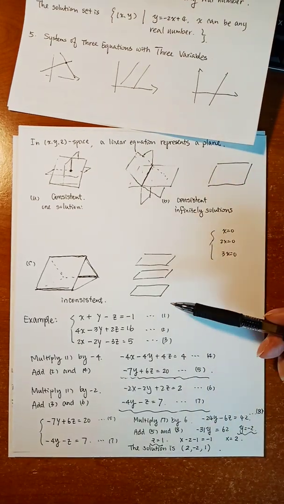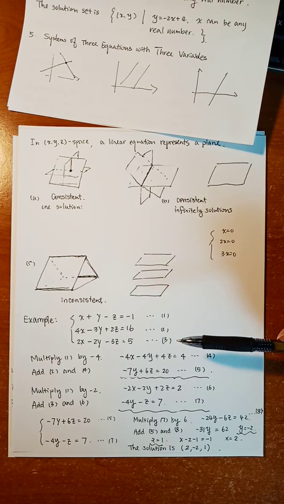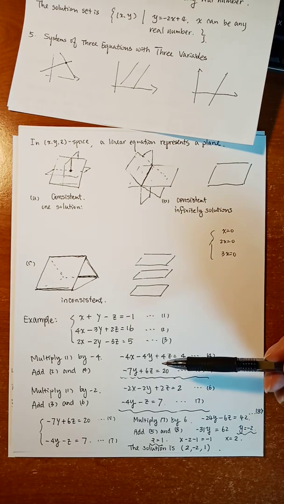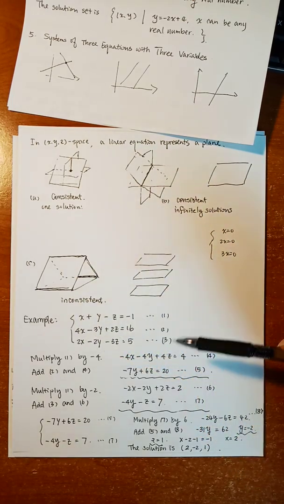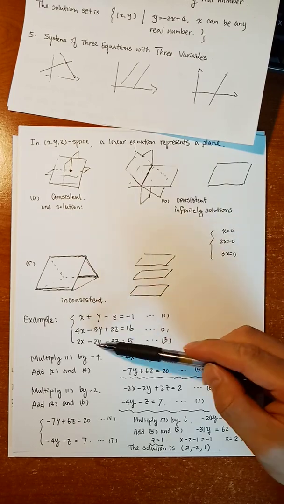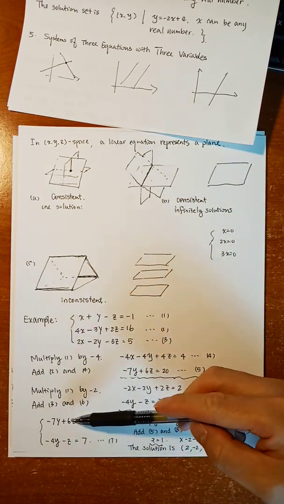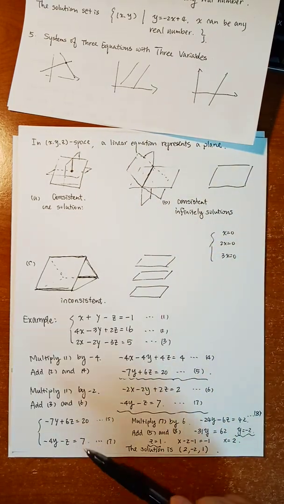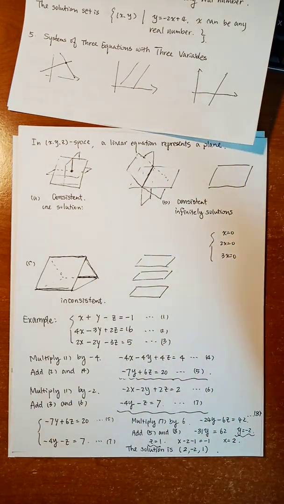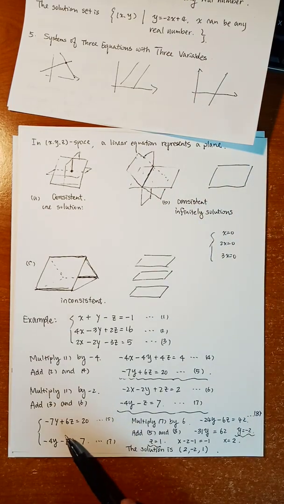Right? So you see, what is the elimination method in the system of 3 equations with 3 variables? We use one elimination process to change this system to a simpler system. The new system has 2 equations and 2 variables. And then, based on the discussed process, you use either elimination or substitution to find the solution of this new system of equations, and then go back to the original problem and solve it.